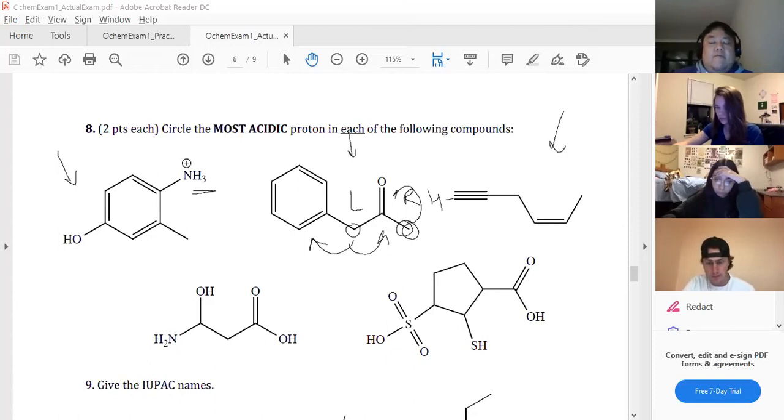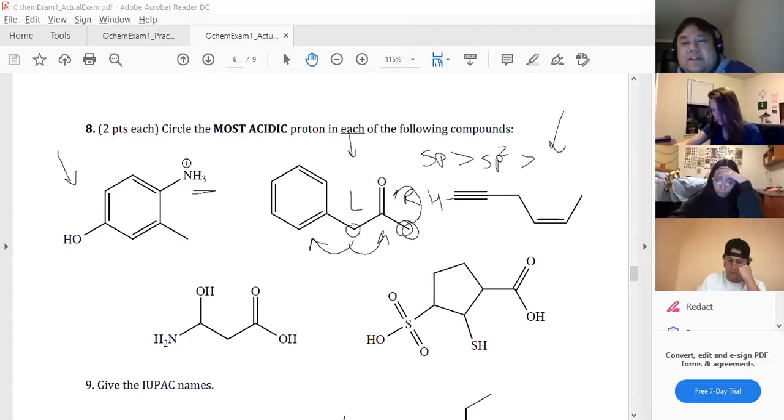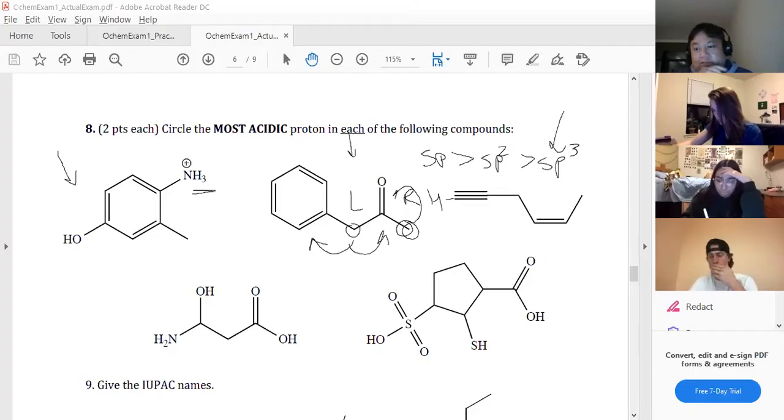So this is a good way to remember it. SP is more acidic than SP2 is more acidic than SP3. An alkyne proton is 25. An alkene proton is 44. An alkane proton is 50. Does that make sense for hybridization? So when you go through and look at strengths of acids, hybridization is an important thing.